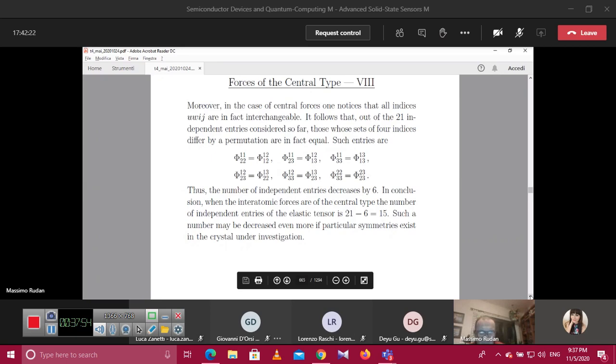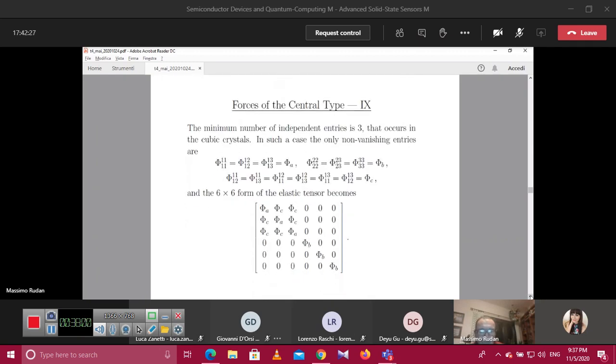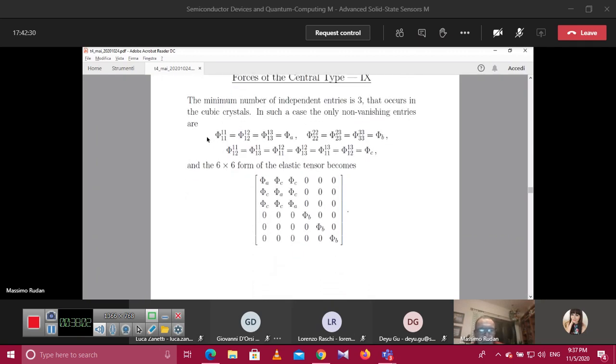There are only 3 independent terms of the elastic tensor, and we can write them in this form. Actually, further considerations show that the equalities are of this type.